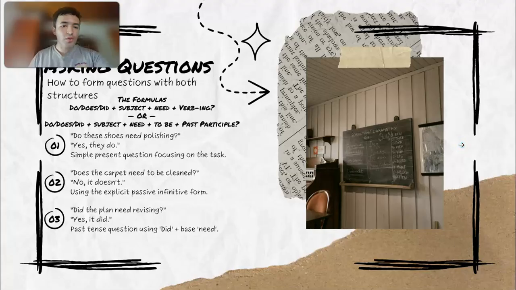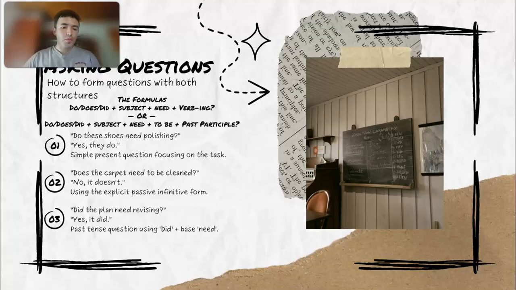Asking questions. How to form questions with both structures. Formulas: do, does, did, plus subject, plus need, plus verb-ing, or do, does, did, plus subject, plus need, plus to be, plus past participle. Example 1. Do these shoes need polishing? Yes, they do. In this case, we can apply the same rule as the simple present, okay? They do, she doesn't, I do, when we make questions.